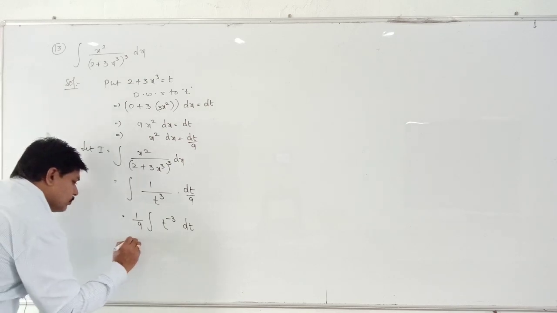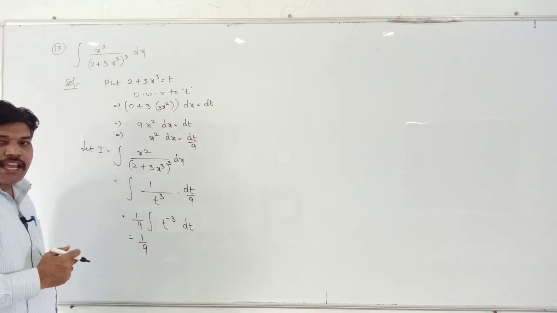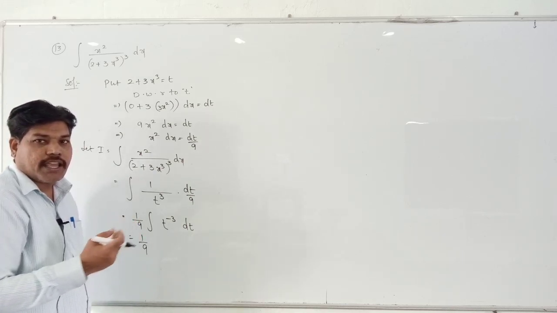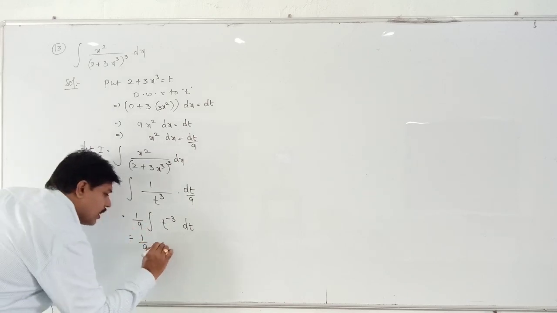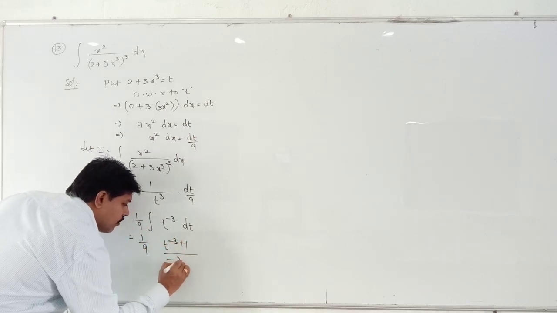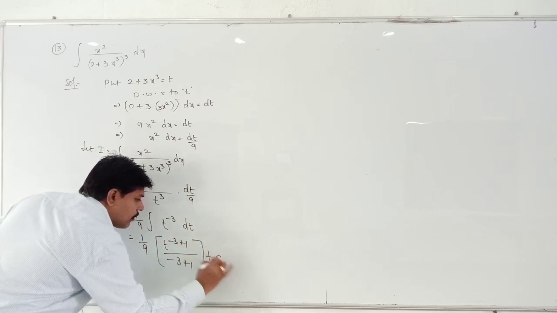So that is equal to 1 by 9. It is in the form of x power n. What is the integral of x power n? Integration is x power n plus 1 by n plus 1. So t power minus 3 plus 1 by minus 3 plus 1 plus c.